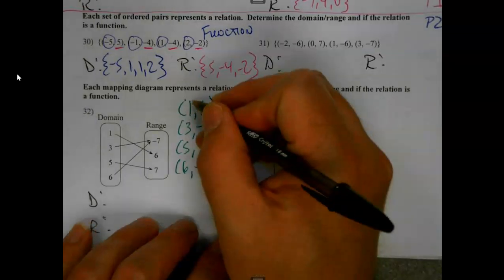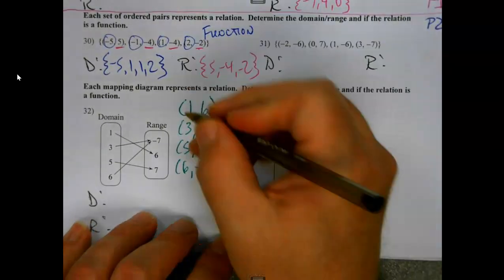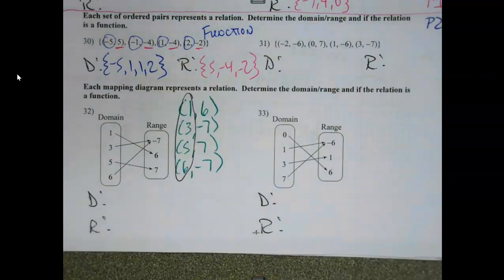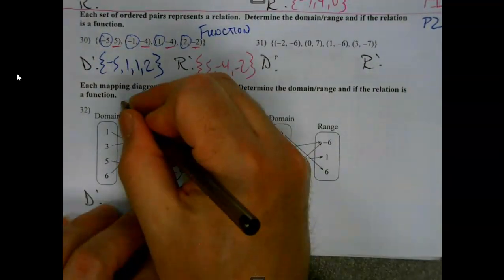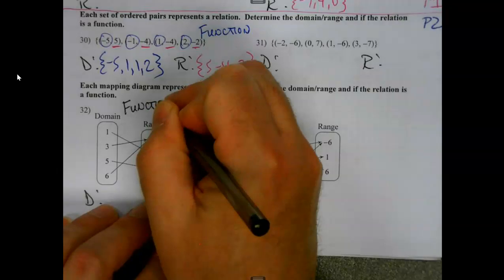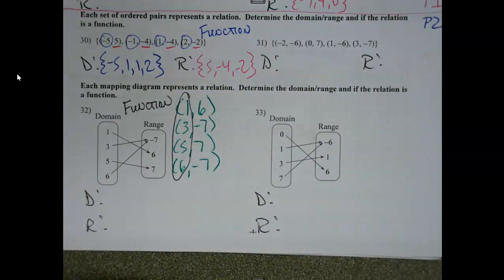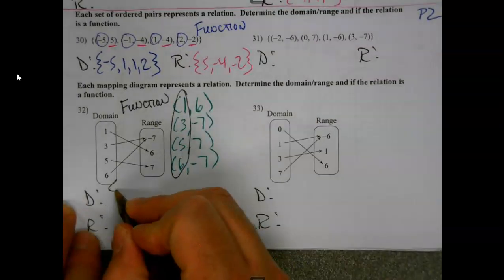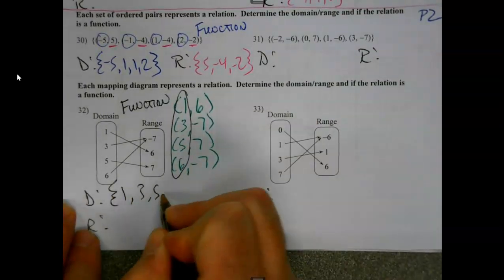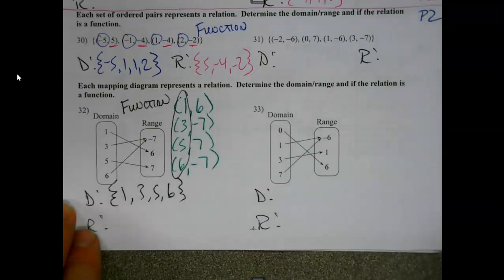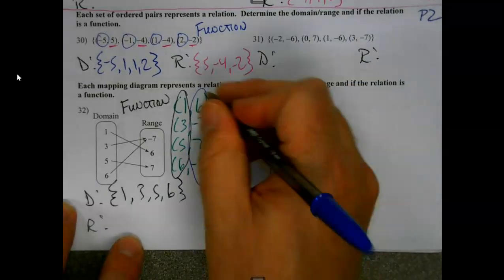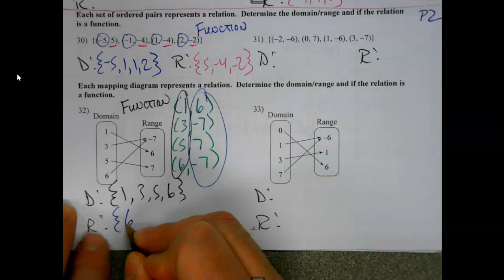Now it's in a nice, easy way where I can look and say, hey, there's my x values. They're all different. That's a function. List off my x values. My range.